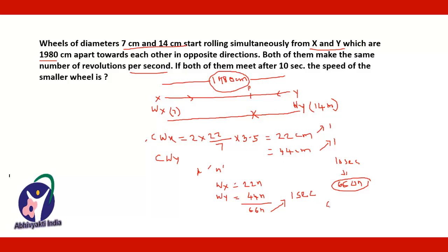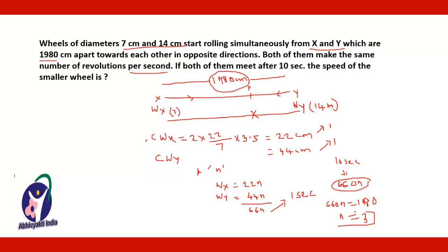Therefore 660N is equal to 1980. And if you solve this, you get N is equal to 3.